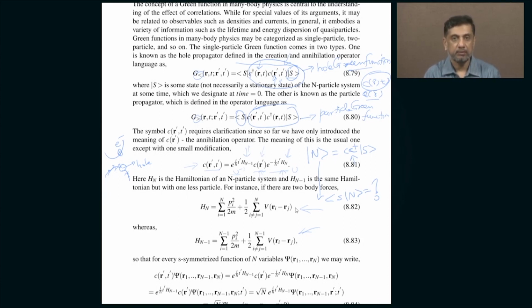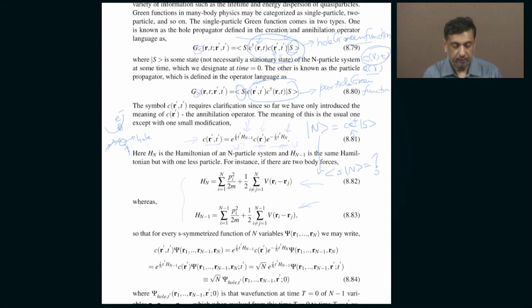Similarly, I could have chosen to remove P2 or R2. Basically, I could have chosen to remove any particular particle, but I purposely chose to remove the last one, just to remind you that you have to remember to remove a particle.